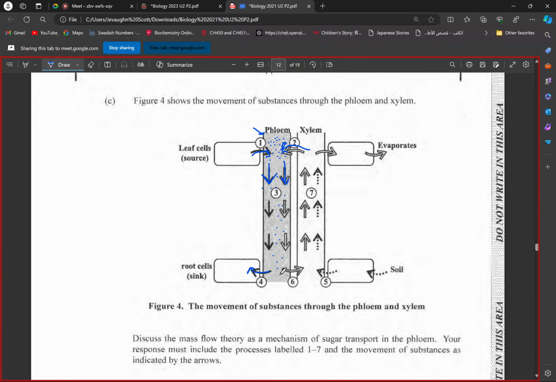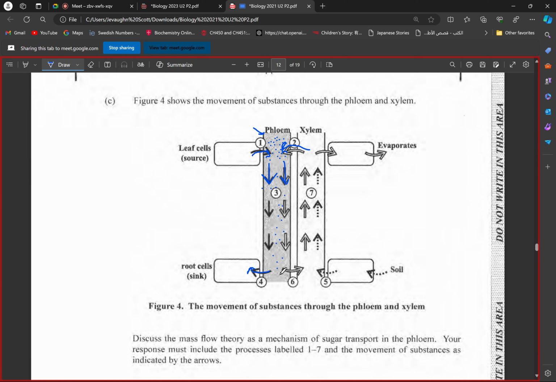So what's happening here now is that sucrose will leave the phloem going into the sink, and that will increase the water potential here. But remember, the dotted arrows are ions. The ions and minerals moving from the soil will decrease the water potential in the xylem, and it will cause the water to move from the phloem back into the xylem and then move up.